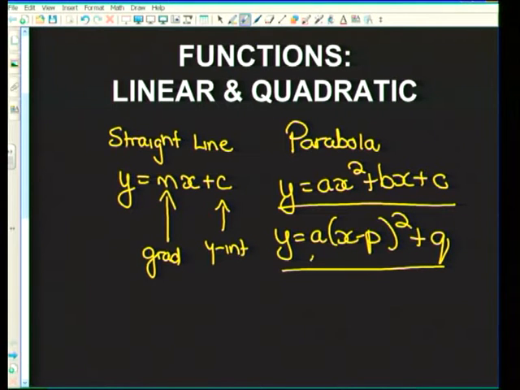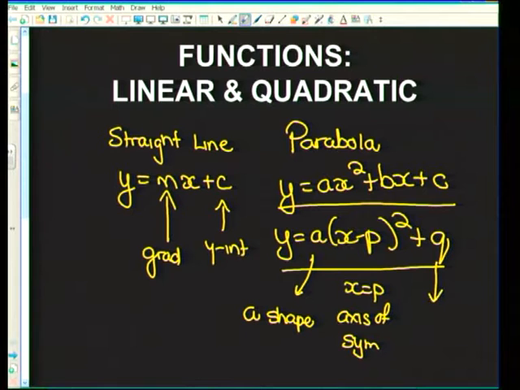This one tells us something. The a tells us about the shape. Now you'll see later on we will deal with a question around that, and I'll go back and recount it. The x equal to p gives us the axis of symmetry. And the q gives me the y value of the turning point.